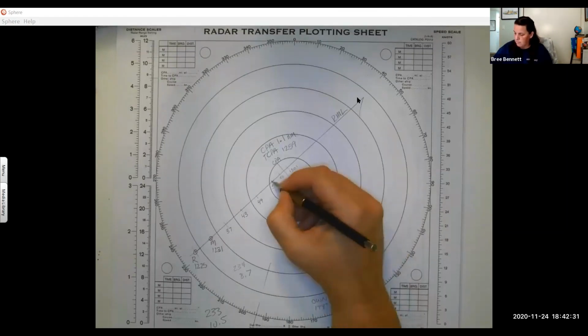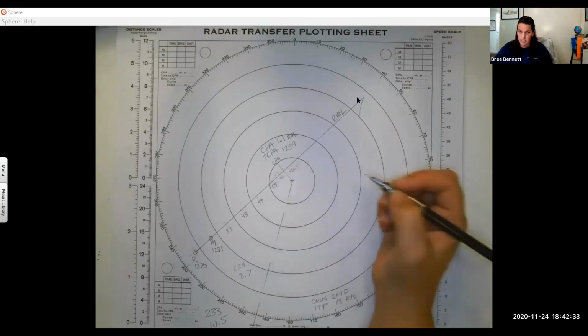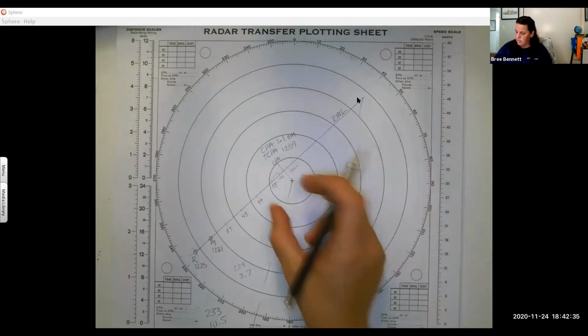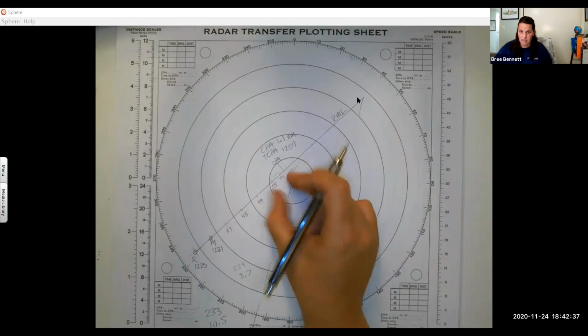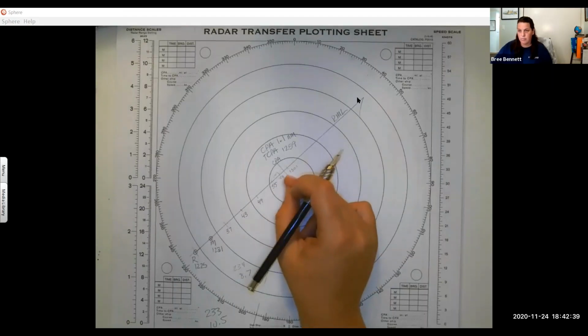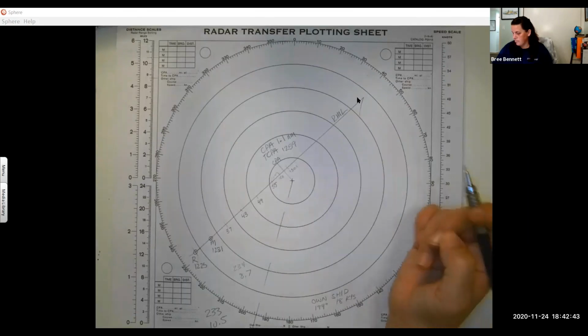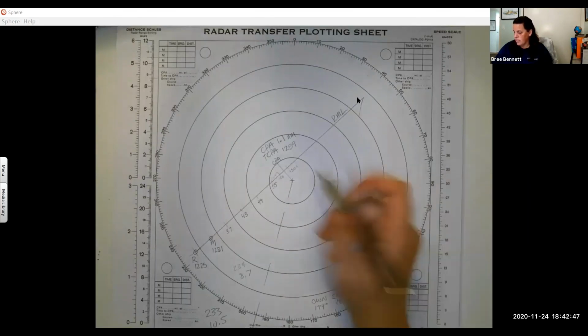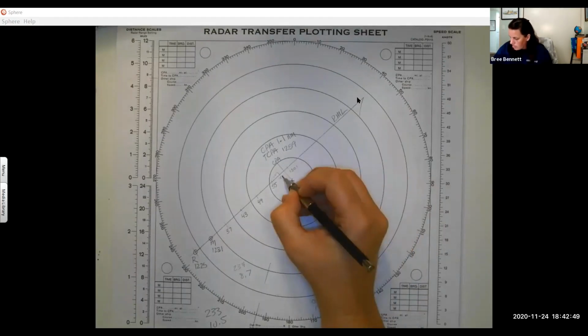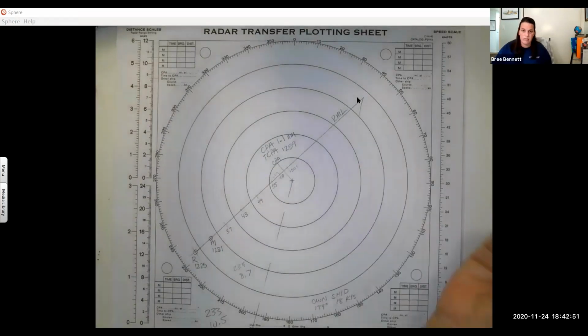So that would be my 3 minutes. I just halved my 6 minute so that I can get a little bit more accurate. So I'm saying it's in between 58 and 1301.